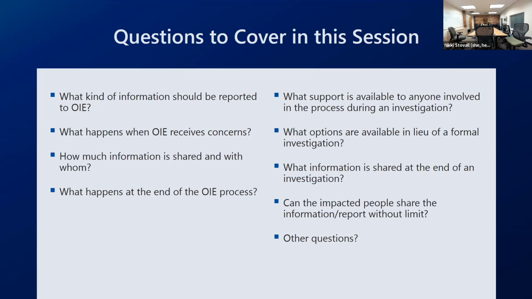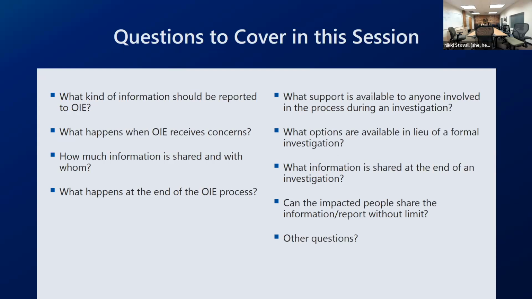And so what we'd like to do today is just kind of, as Molly said, give you a brief overview of things. Some of the pieces that we'd like to cover in this session, we have listed up here: the type of information that should be reported to OIE. What actually happens when something is reported to our office? What do we do next? How much information is shared by our office with others, and what kind of information, how much, and with whom?